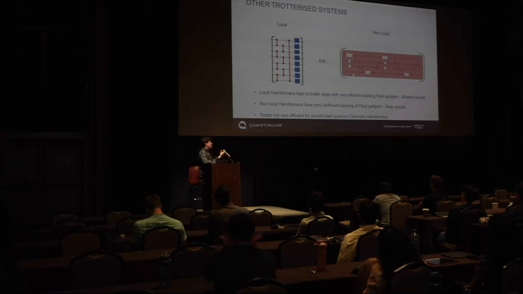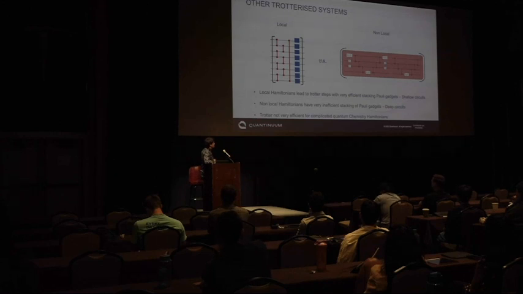And typically you have more interactions as well, which leads to deeper circuits. Trotterization is typically not that well suited for more complicated interacting systems such as quantum chemistry. Now, I'm biased, but quantum chemistry is the best Hamiltonian, but it's also the most difficult. That's why the complexity results show that Trotter for non-local Hamiltonians is perhaps not the best way. Although in practice, I would argue against that due to this prefactor discussion we had before.